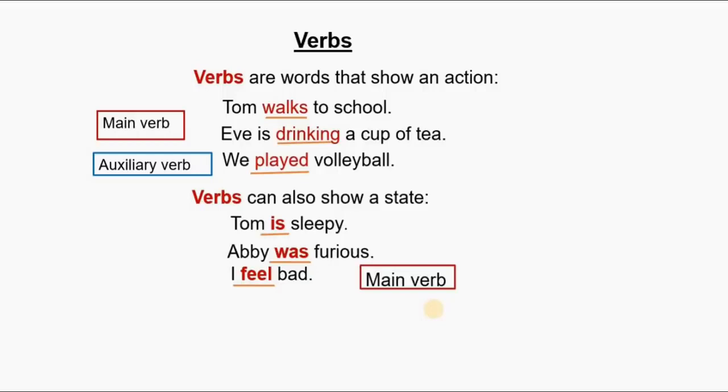So, this is interesting because here is the same verb from the verb to be. We are using it like a main verb because it is expressing a main idea, which is a state. Tom is sleepy. Alright?